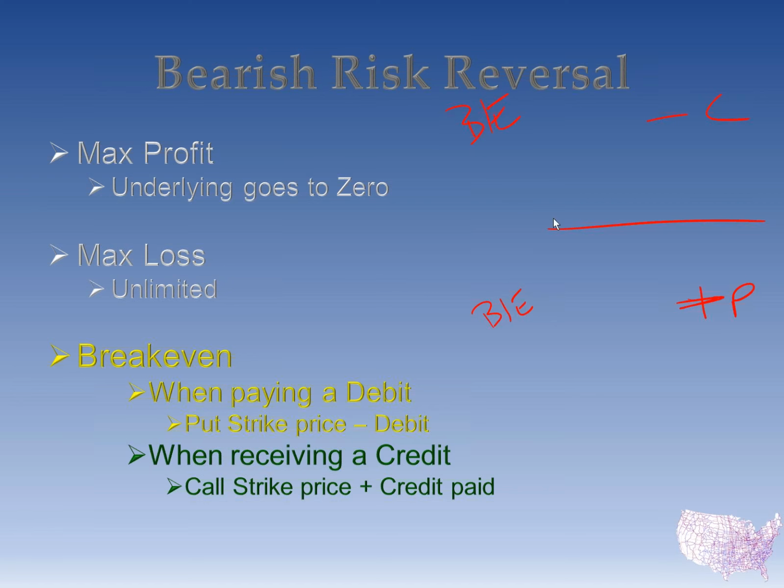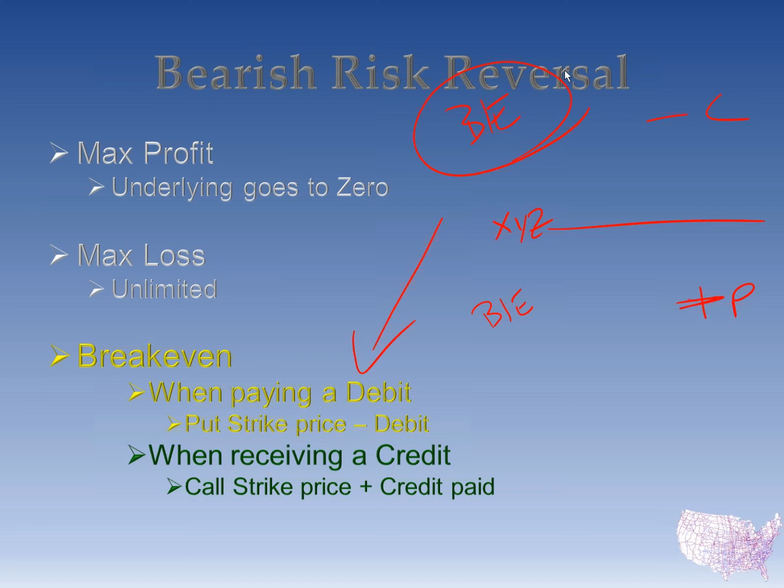If right now XYZ is here and we want it to go down, I want my break even up here, right? You want your break even above where you're going, especially if you've got a bearish assumption. If you've got a bearish assumption, yeah, you break even below you. I mean, that's your target anyway, right?